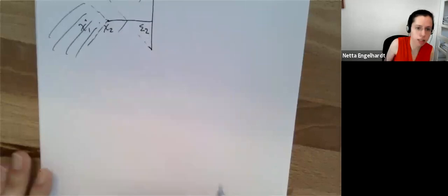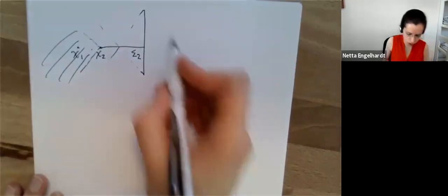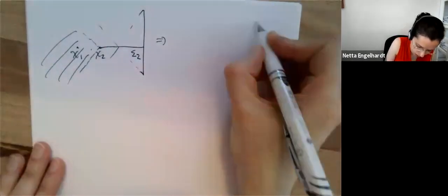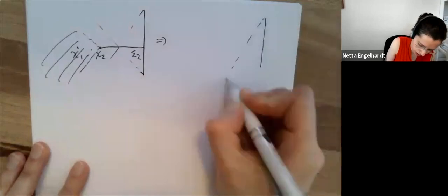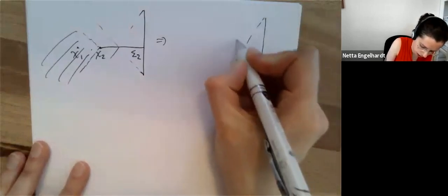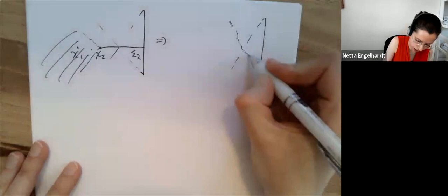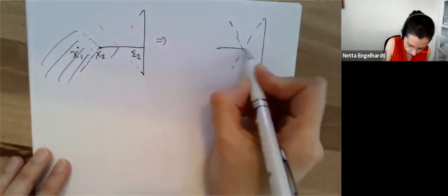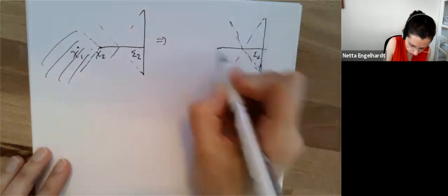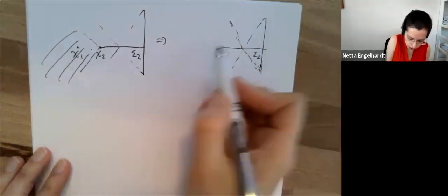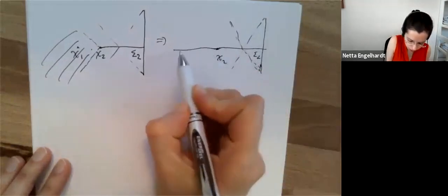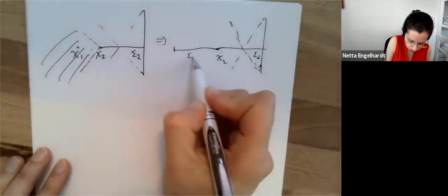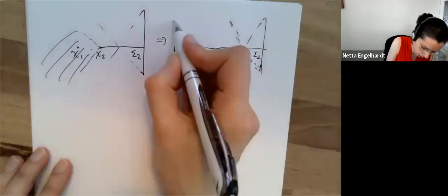What does that give me? The advantage of doing this on an iPad is I could just copy and paste and the picture would look identical. So I have this sigma 2 over here, I have chi2, and then I CPT conjugate sigma 2. And this gives me another boundary here.